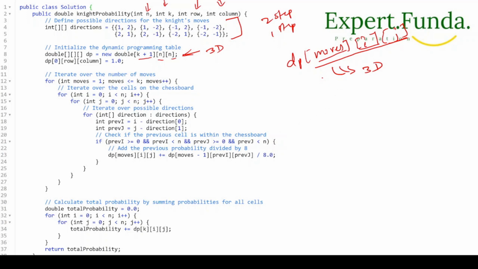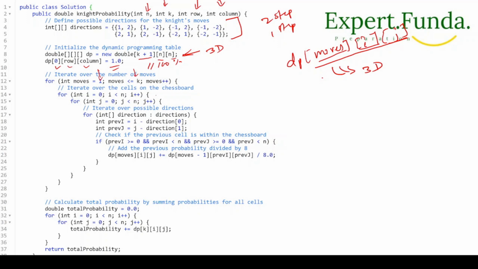Now we are talking about dp at 0, where we have talked about row and columns. This will become 1 because here there is 100% probability, since the moves remain the same. Now we will iterate over the number of moves. Moves will start from 1 and go up to k.